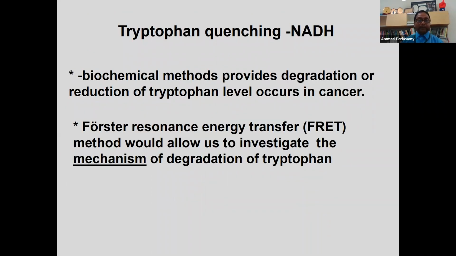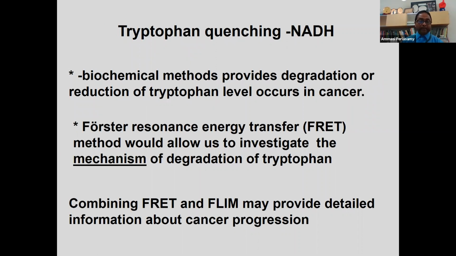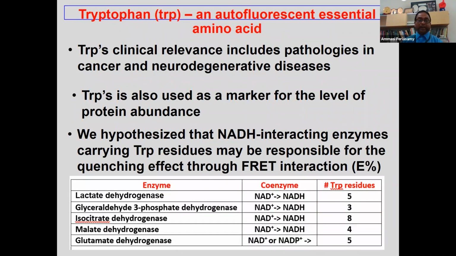Phosphorescence energy transfer will allow us to investigate the mechanism of degradation of tryptophan, and combining this FLIRR and FLIM may be able to provide information about cancer progression using the tryptophan method. Its clinical relevance includes pathology in cancer and neurodegenerative, degenerative diseases. It's also used as a marker for the level of protein abundance.